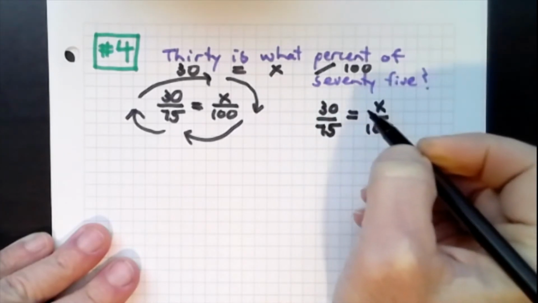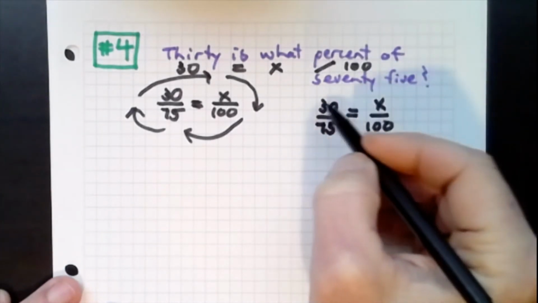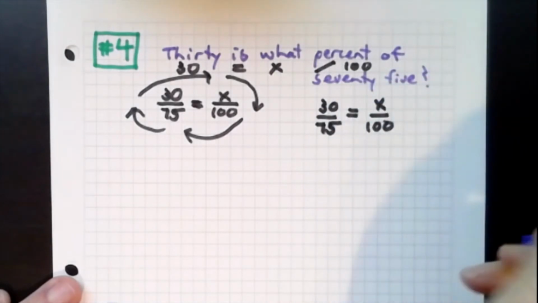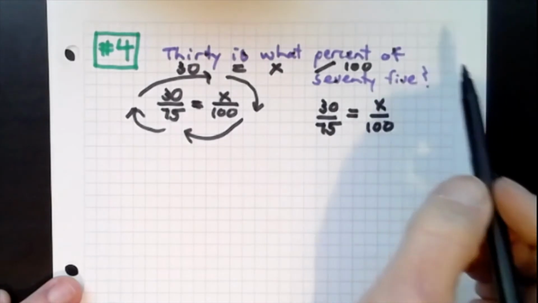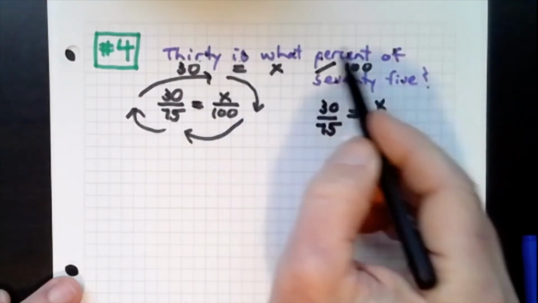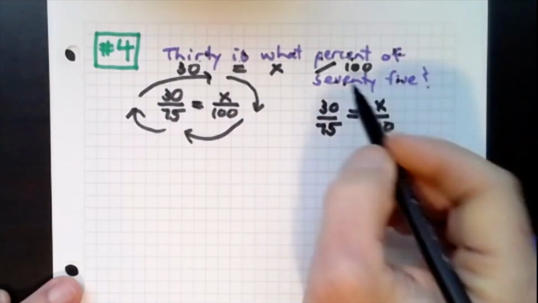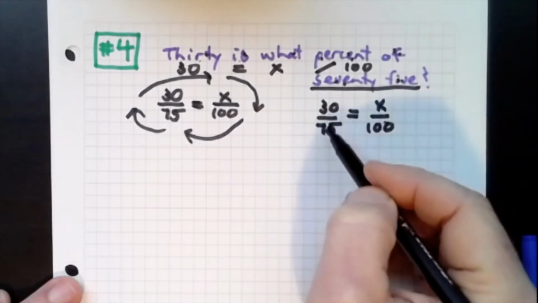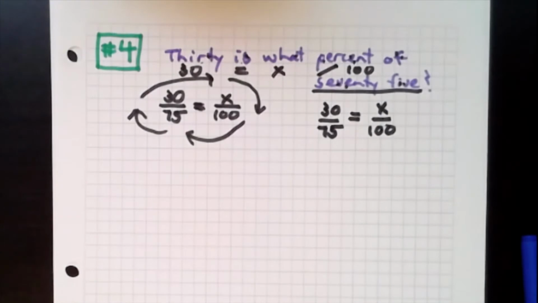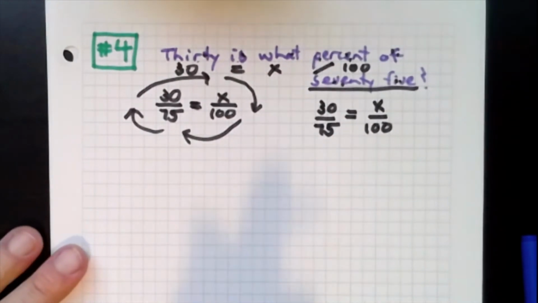So for every word I say, there's something for me to write. So it matches up exactly. I said seven things. I wrote 7 things.